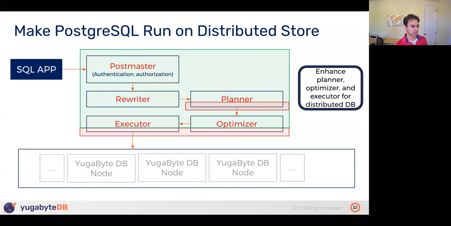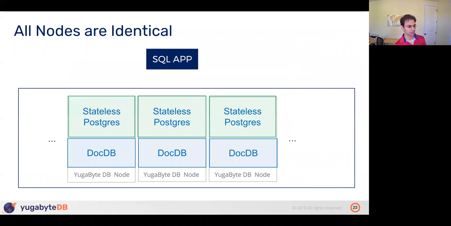And we made a bunch of changes to the planner, the executor, the optimizer, keeping the postmaster and the entry point the same for authentication and authorization. And so that really has allowed us to convert the upper half of Postgres into what looks like a stateless upper half, right? So at this point, every node in a YugabyteDB cluster has an upper portion, which is stateless PostgreSQL, and a lower portion, which is a distributed Spanner-like store.